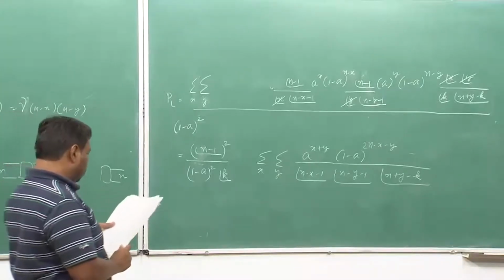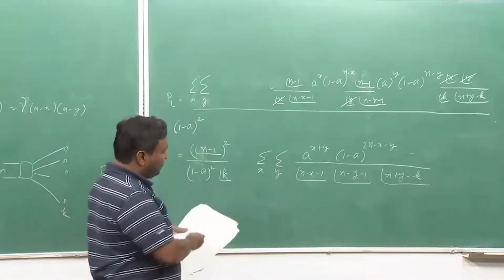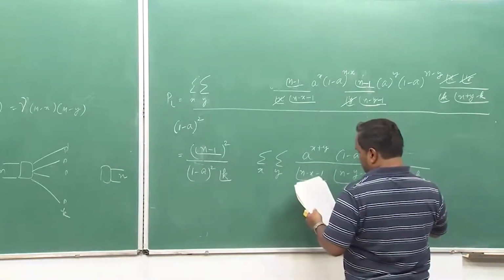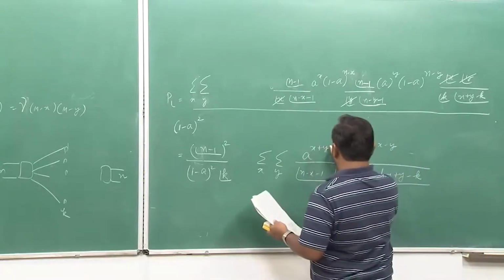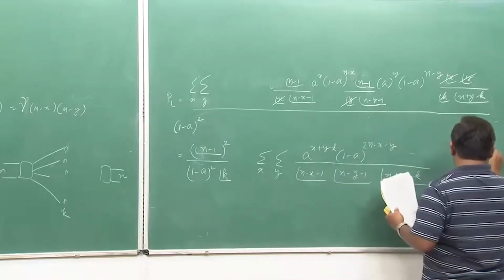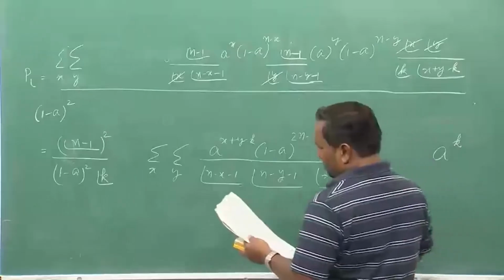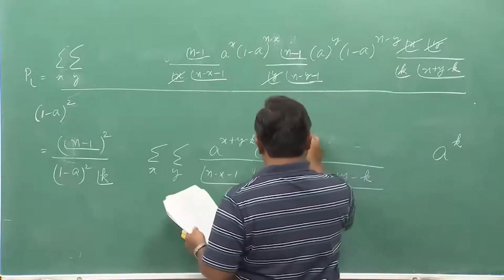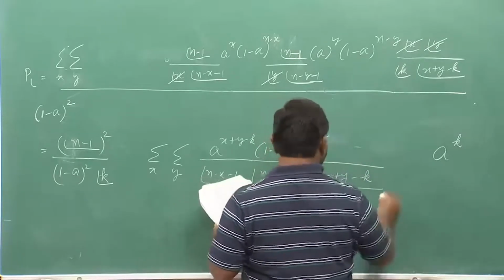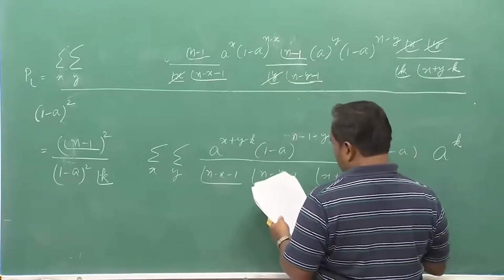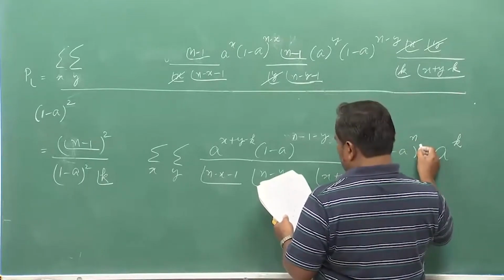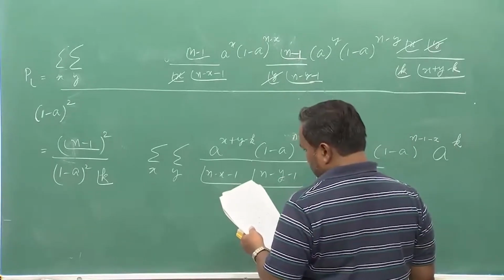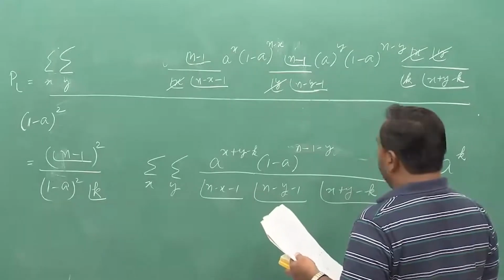So, we will now actually split it into two separate parts. What I will do is take a raised to power x plus y minus k, which actually means a raised to power k has to come somewhere here. I will put 1 minus a raised to n minus 1 minus y here. I also need to take somewhere here 1 minus a raised to n minus 1 minus x.